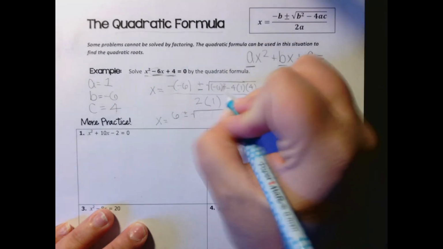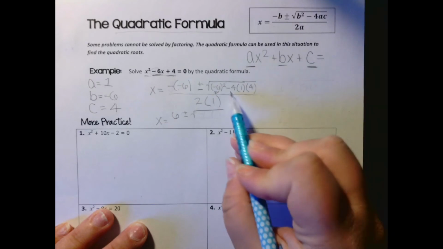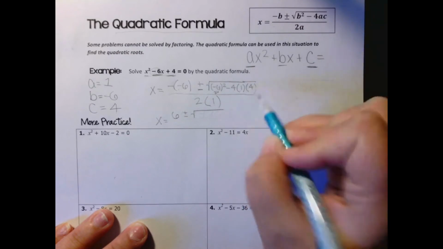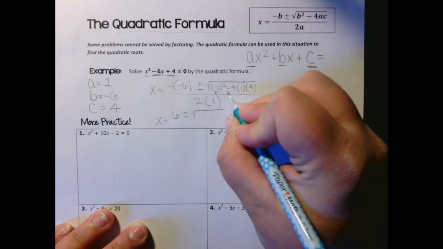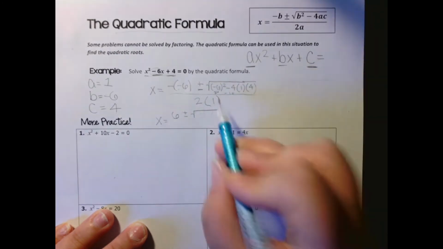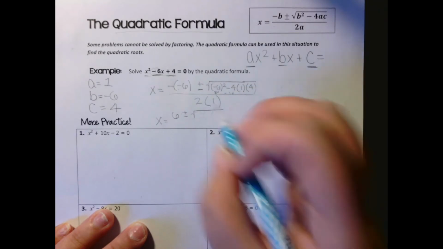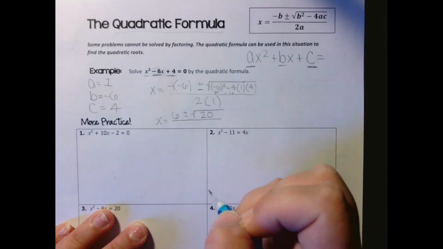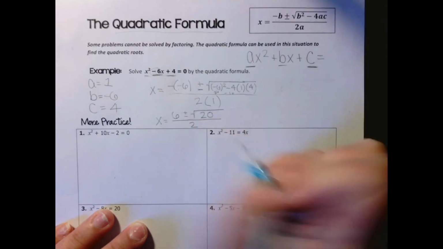I'll write that there. And then I have negative 4 times 1 is negative 4 times positive 4, I'm sorry, gives me negative 16. So this will be 36 minus 16, and 36 minus 16 is going to give me radical 20. That whole thing is divided by 2 times 1, or 2.